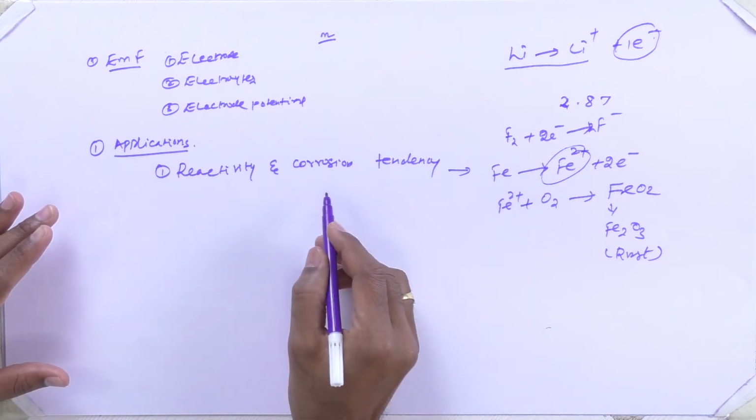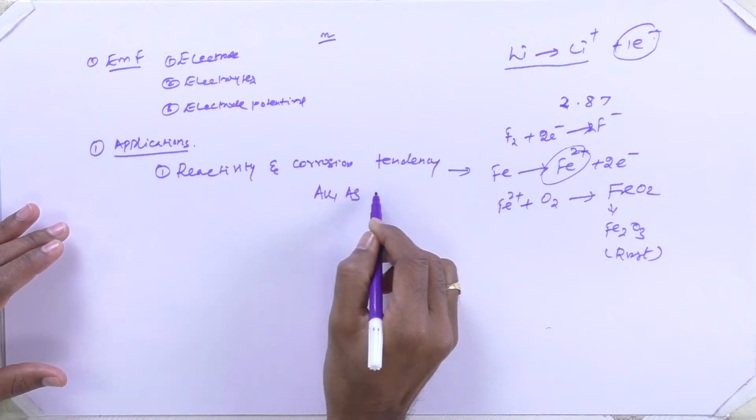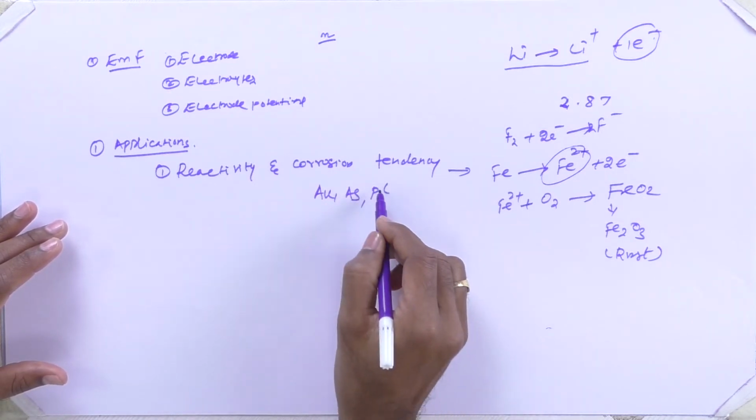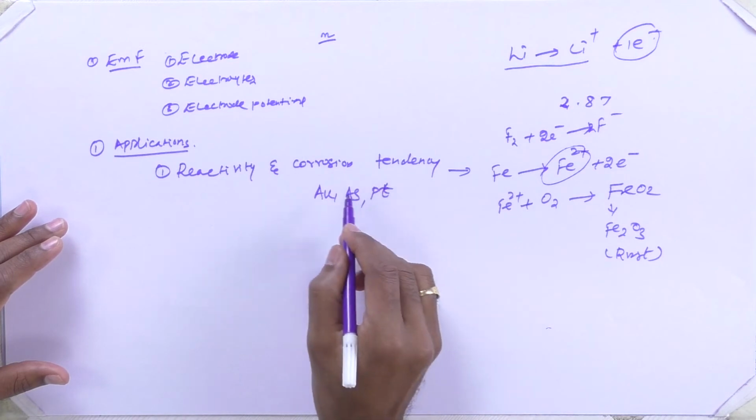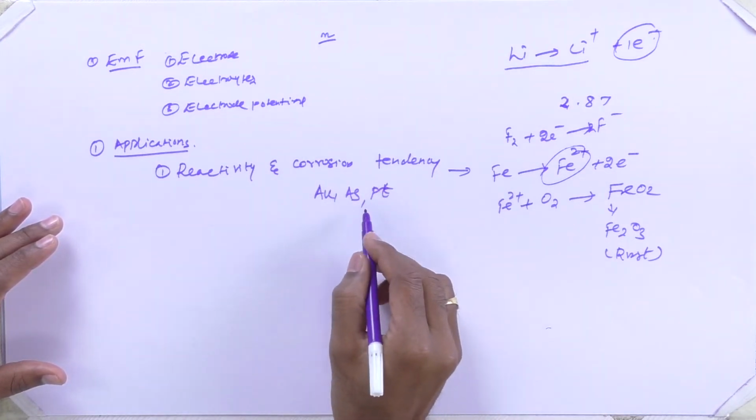That is the reason why noble metals like gold, silver and platinum do not undergo corrosion, because the pure form of the metal is more stable than the corresponding oxide form.